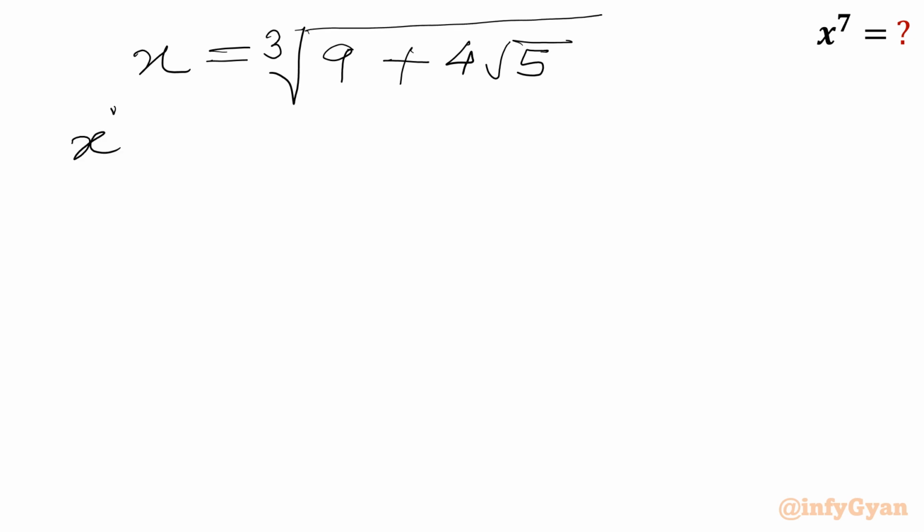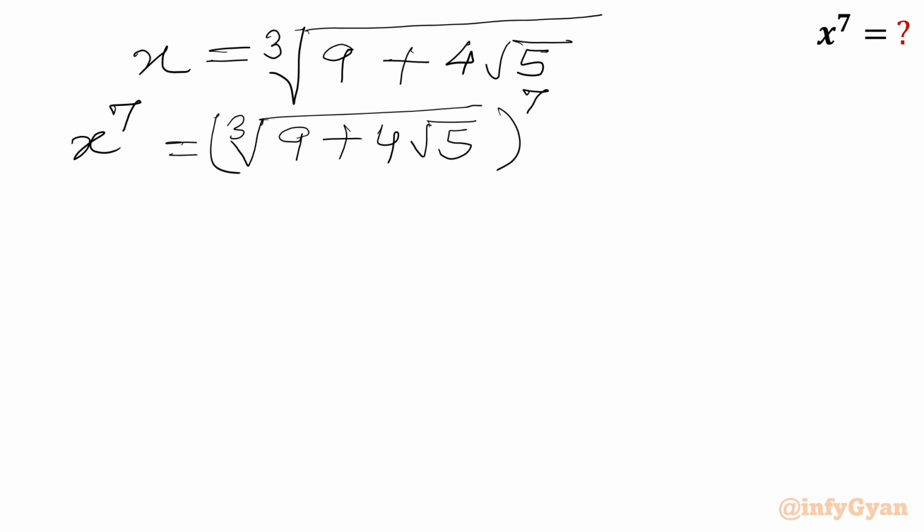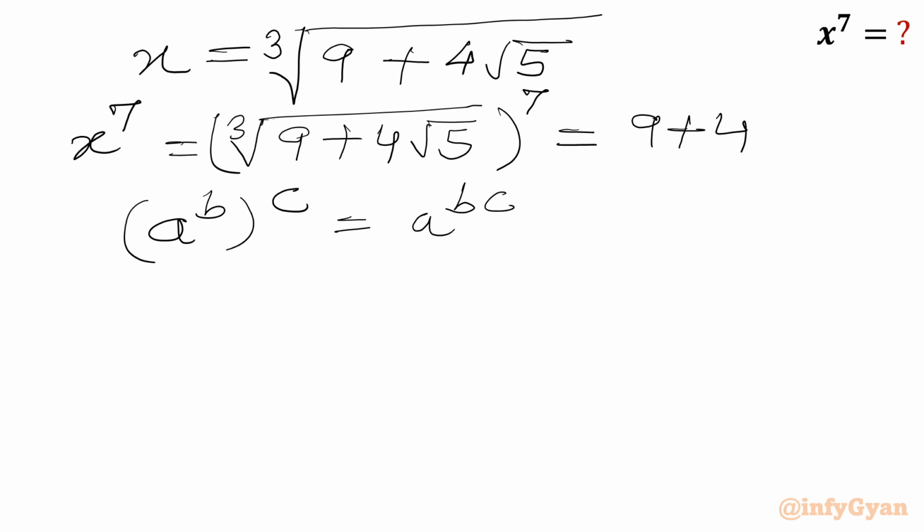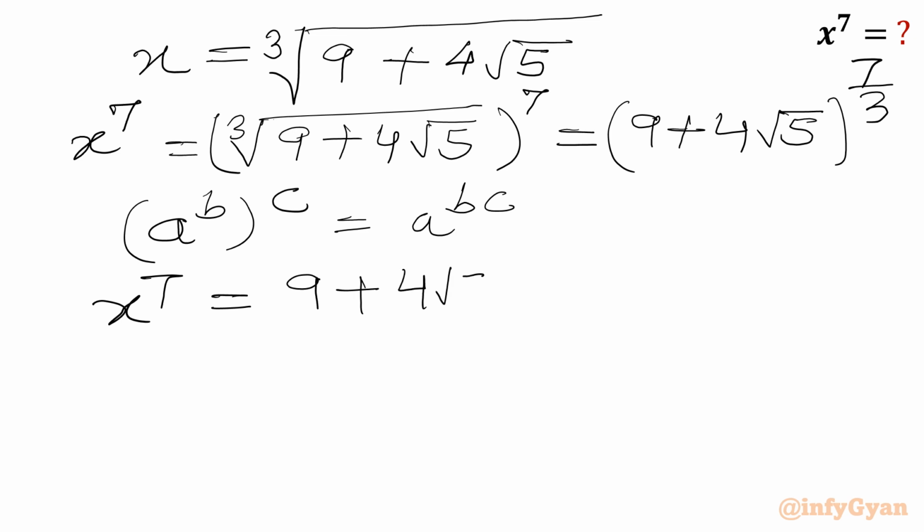Now we have to calculate x power 7. So I can write (cube root of 9 plus 4 root 5) whole power 7. Now we know that (a power b) whole power c, we can write as a power b times c. So here I can write (9 plus 4 root 5) whole power 7 over 3. So x power 7 we can write as (9 plus 4 root 5) power 7 over 3.